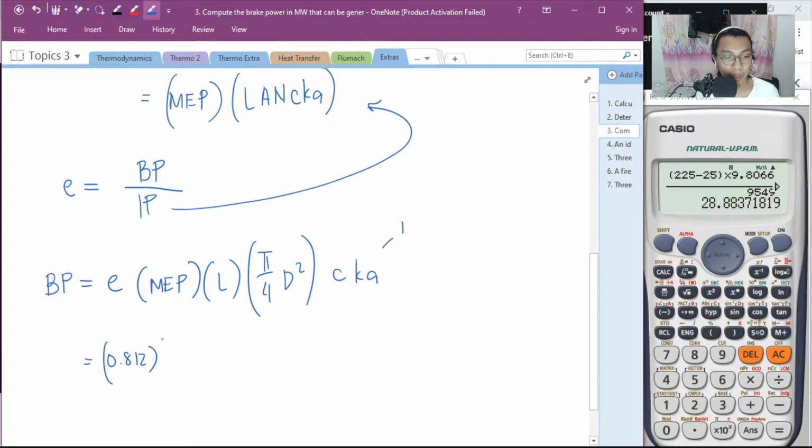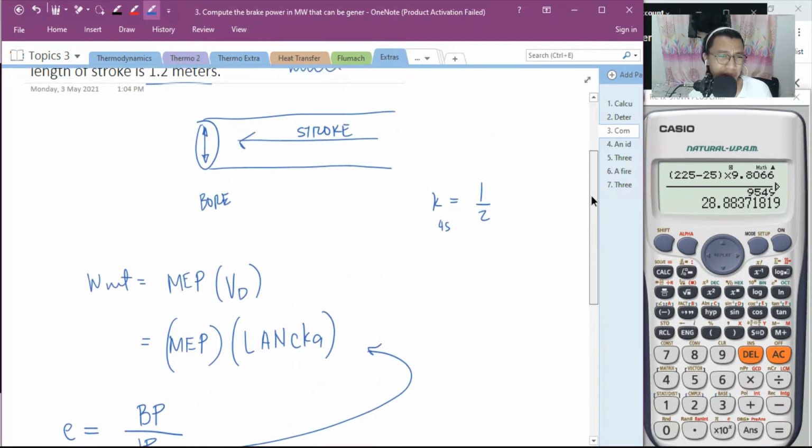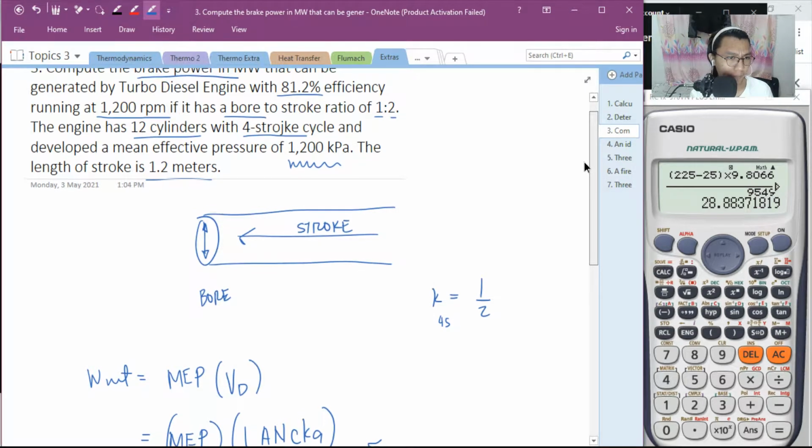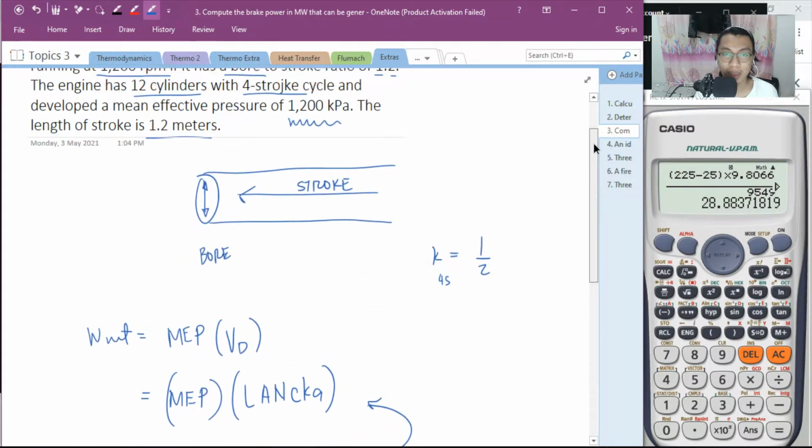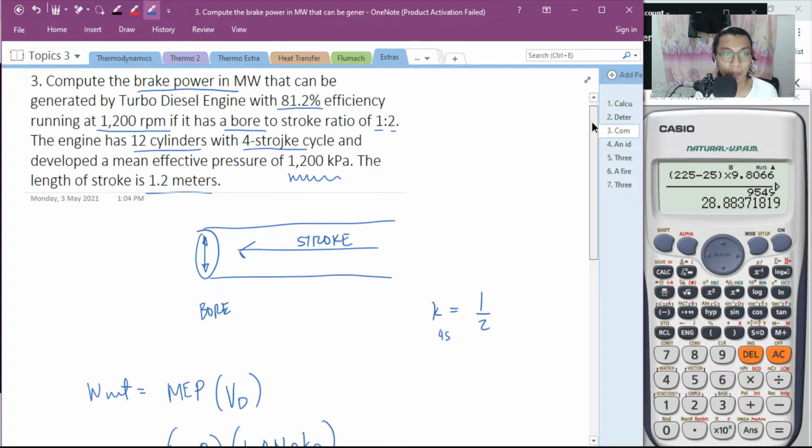Yung MEP, anong binigay dyan? 1,200 kilonewton per meter squared. The length of the stroke is 1.2 meters. Ibig sabihin, yung length mo is twice as long nung iyong bore.